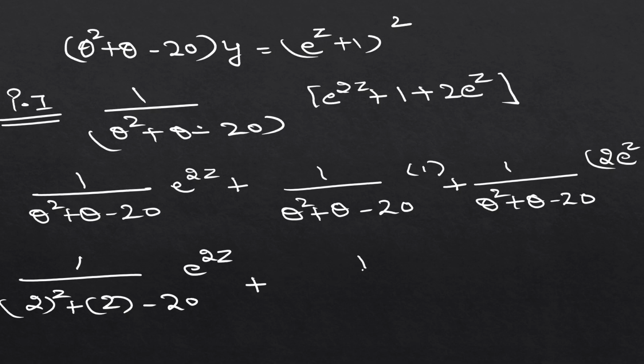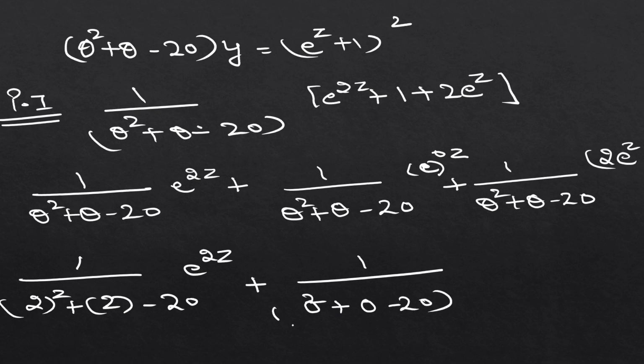2z plus, again, how can we write it down? It is 1. Can I replace it by e raised to power 0z? So it means 0 square plus 0 minus 20 e raised to power 0z. Then if I move further, it is plus 1 by 2, as it is, e raised to power z.